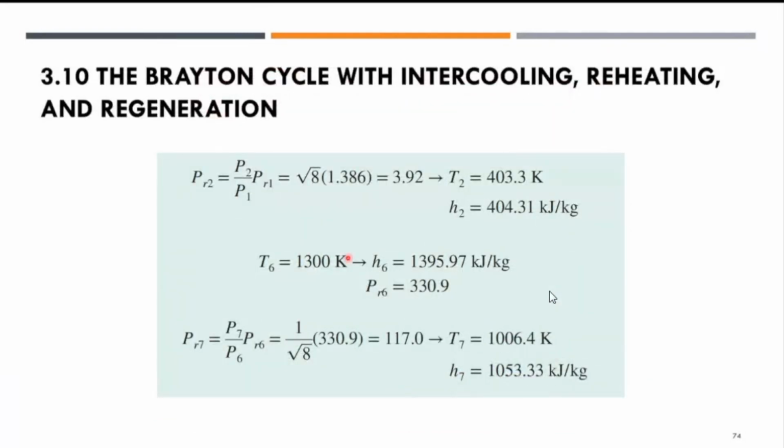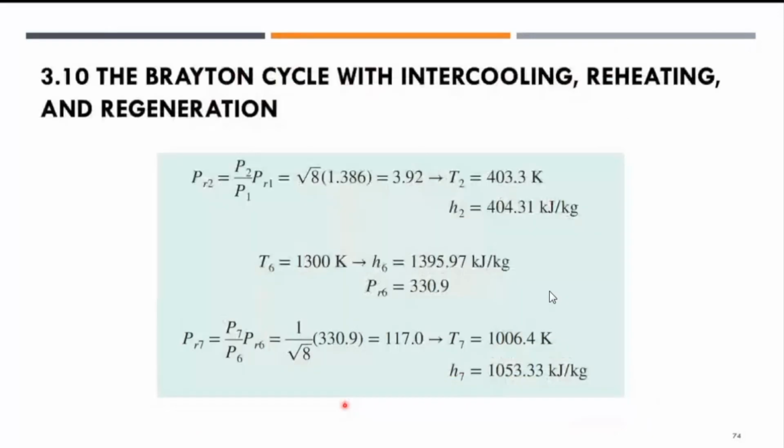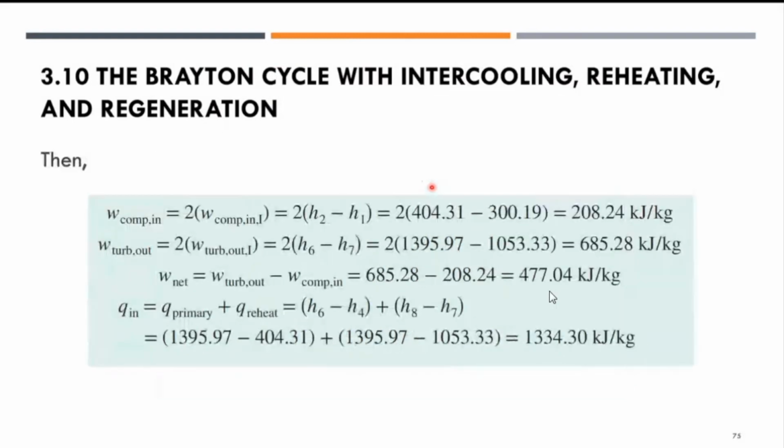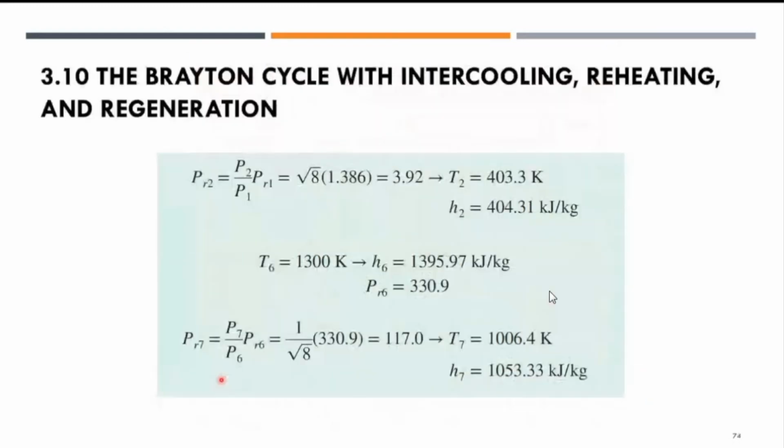Similarly for station 2, you can put the numbers, you read Pr2 is 3.92. What do we mean by that? You read from Pr where is the corresponding value of 3.92. If you read through the table over here, you can then get the temperature to be 403.3 Kelvin for Pr equal to 3.92.